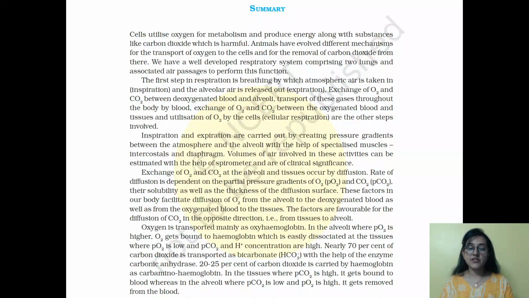Nearly 70% of carbon dioxide is transported as bicarbonate ion, HCO3-, with the help of the enzyme carbonic anhydrase. 20 to 25% of carbon dioxide is carried by hemoglobin as carbaminohemoglobin. In the tissues, where partial pressure of carbon dioxide is high, it gets bound to blood, whereas in the alveoli, where partial pressure of carbon dioxide is low and partial pressure of oxygen is high, it gets removed from the blood.